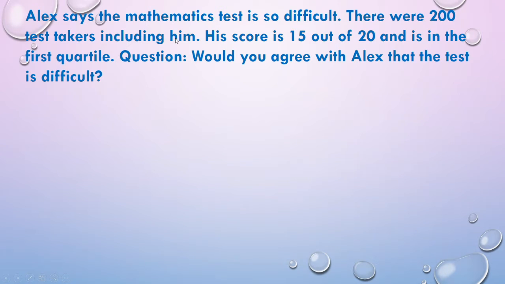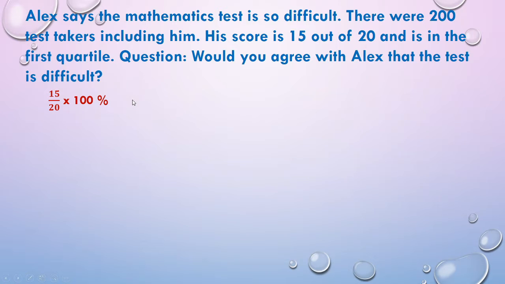Tingnan natin kung tama. Ang basis dito ay yung score ni Alex. Ang score ni Alex ay 15 out of 20, at yun ay nasa first quartile. Kunin muna natin yung percentage ng score ni Alex. Para makuha yung percentage, ang gagawin natin is 15 divided by 20 times 100%.